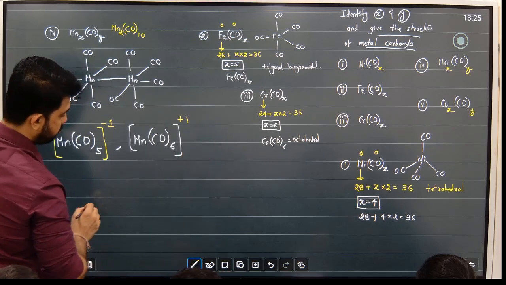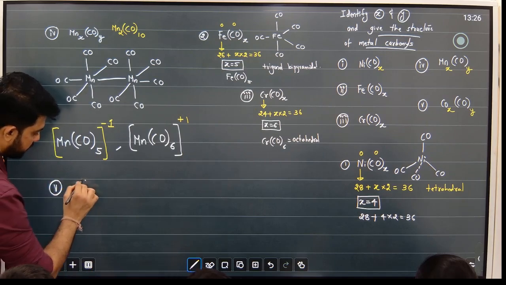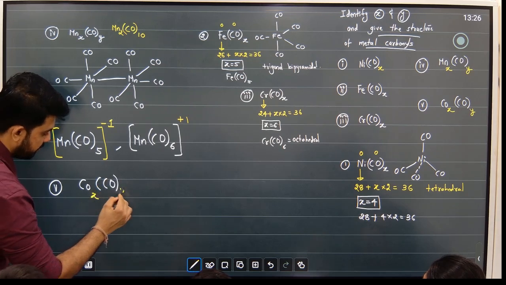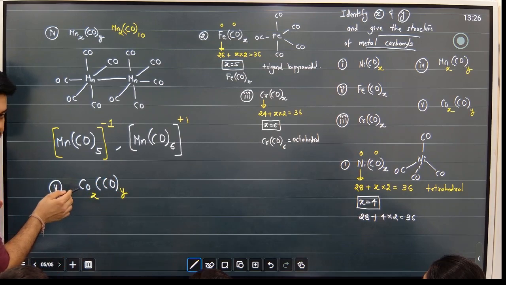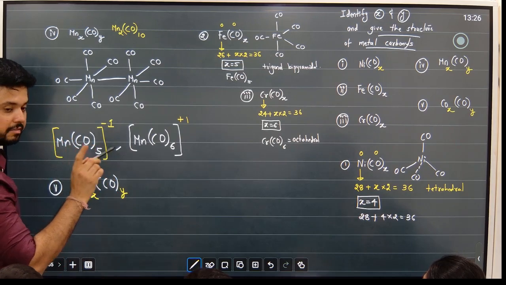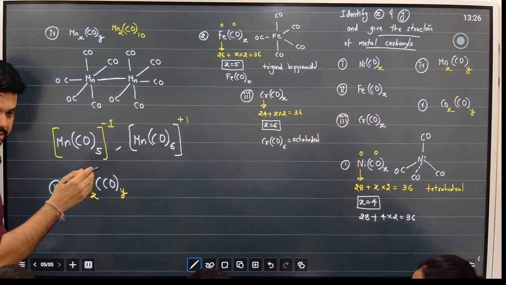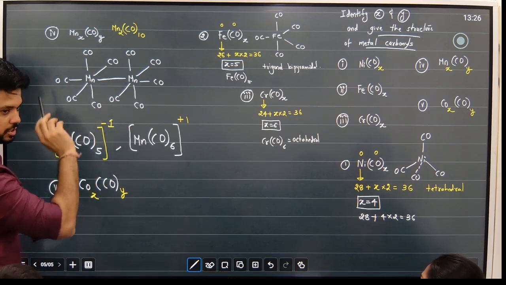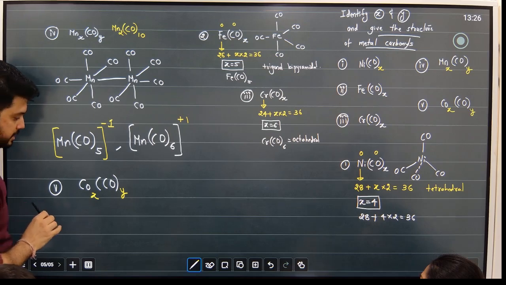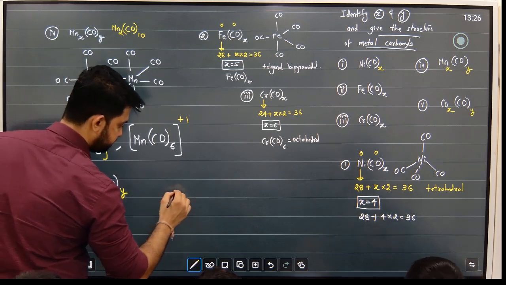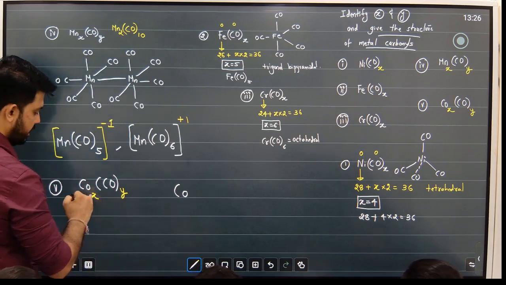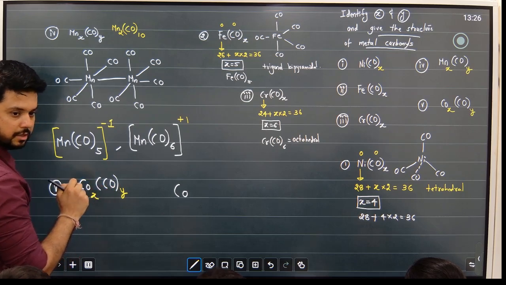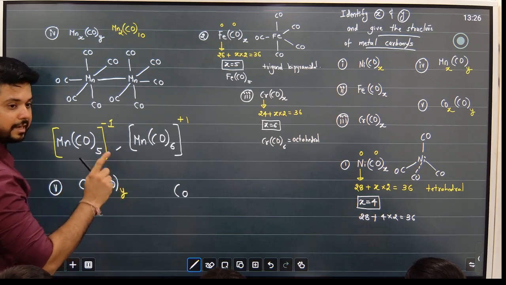I want the fifth one. You people try Co(CO)X. So this is X and this is Y. Remember, if you try to do it direct, Co is 27. You cannot take it to 36 by adding an even number of COs. You have to follow the same approach that we have done here. How? If I add 4 carbonyls, 4 carbonyls mean 8 electrons.